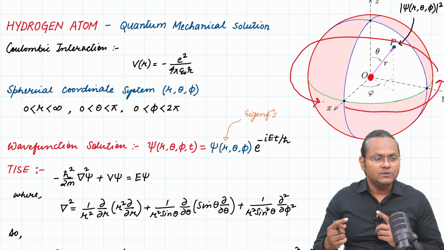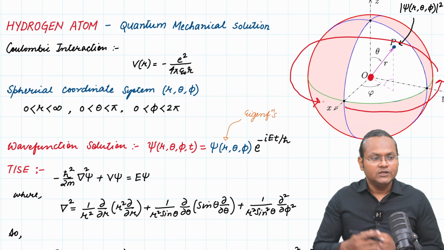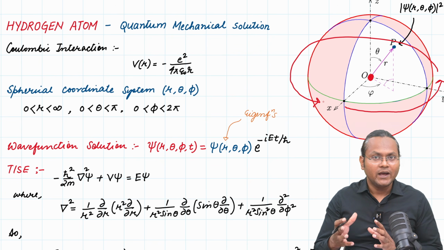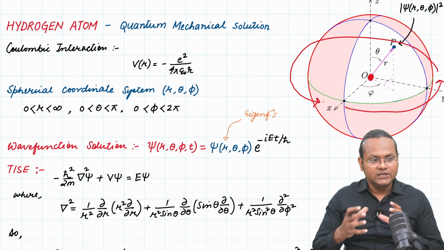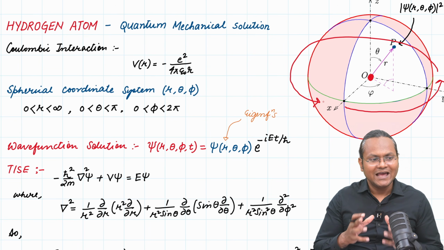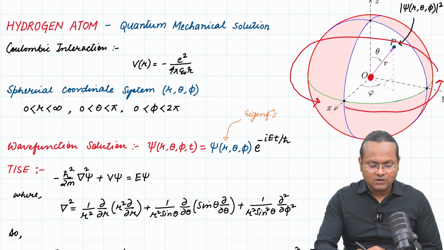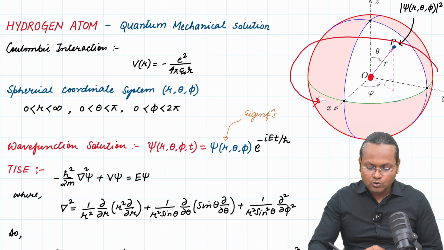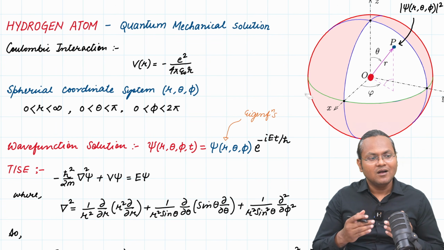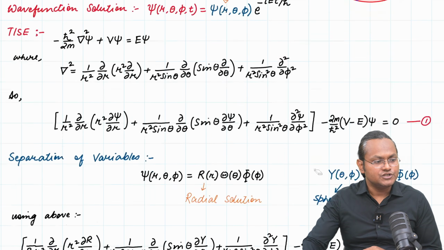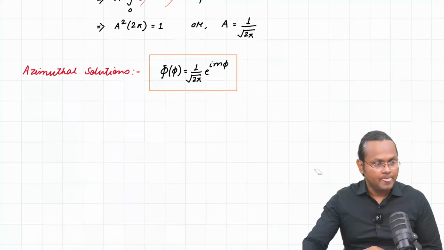And every time you move around the equator, you complete one revolution of phi equals 2 pi, then you come back to your original location. Using this idea, we can calculate the value of the constant m. So when you complete one revolution along the equator, you come back to your original point.